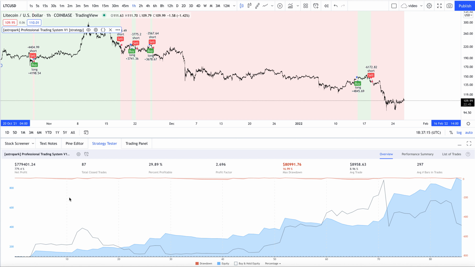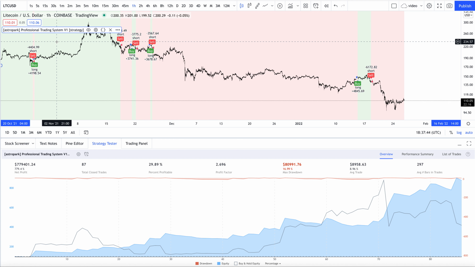So 3 years, it's 36 months, of course more than 10% every month. Okay, it's more than 20% every month on average, with the max drawdown that is very low. So yeah, you understand that this is a good configuration for Litecoin, for example.